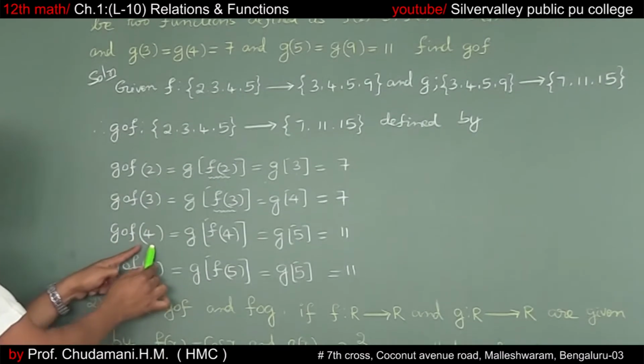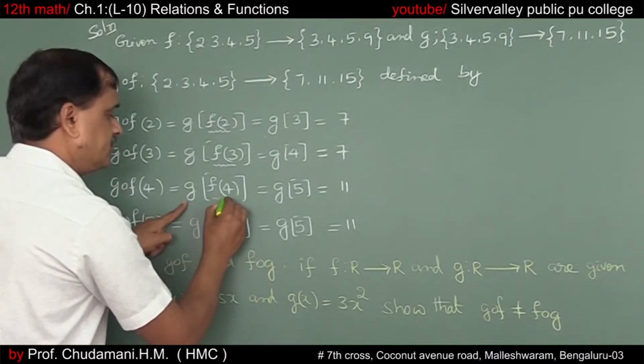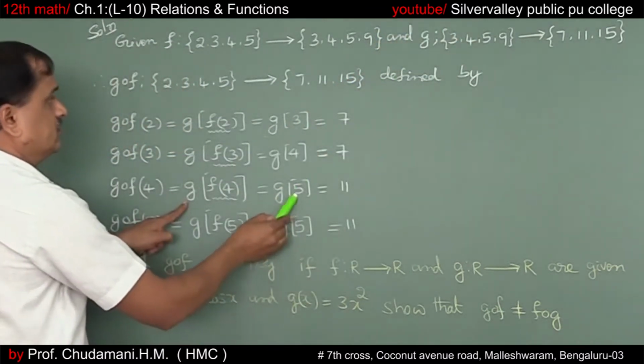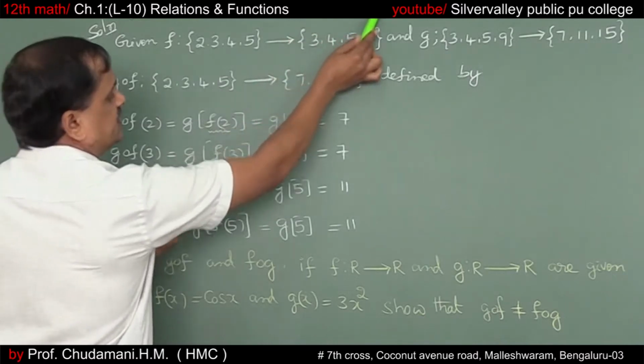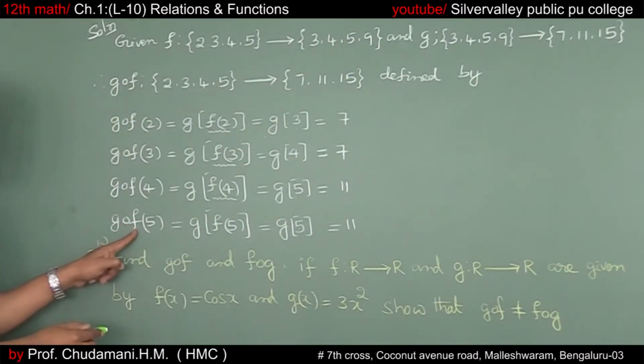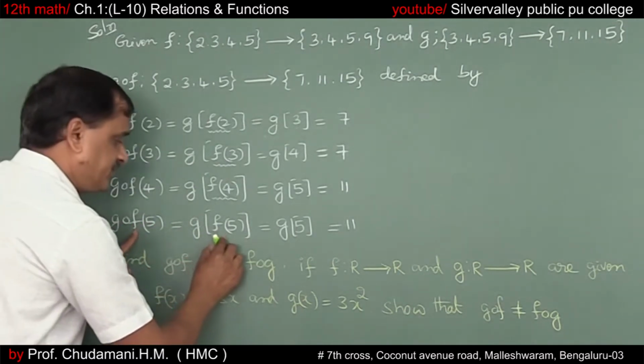Then gof of 4 is equal to g of f of 4. Look at f of 4. F of 4 is 5. So g of 5 is 11. Then gof of 5 can be written as g of f of 5.